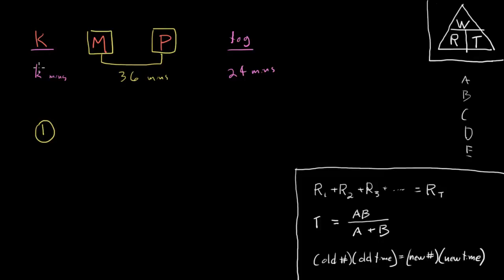If you're not convinced, or if you want some more proof that we could calculate this, we could certainly look at our combined work formulas. And I think a good one here would be the time formula.